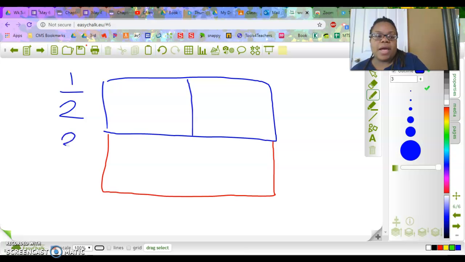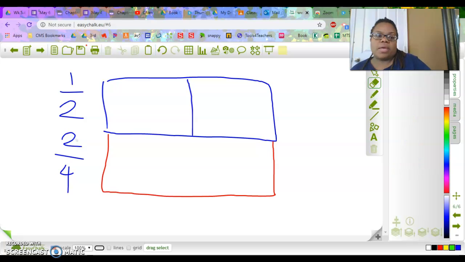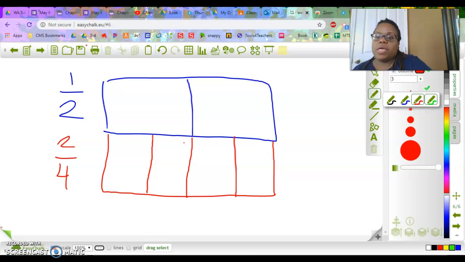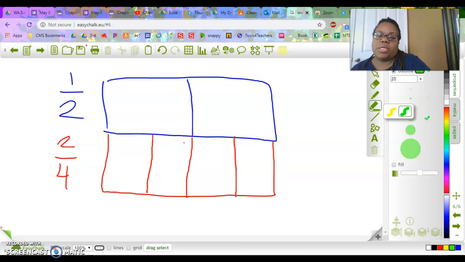And now here I need to be ready to make 2/4. And in order to make that 2/4, I need to make sure that I split it correctly. So we know in order to make 4ths, we make 1/2, then split that in 1/2 and split this in 1/2. So now I'm ready to go ahead and shade it in.